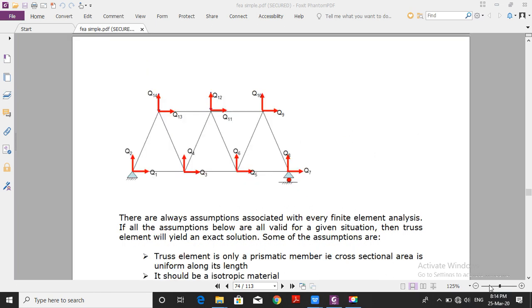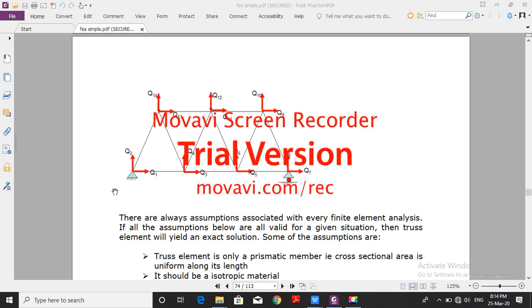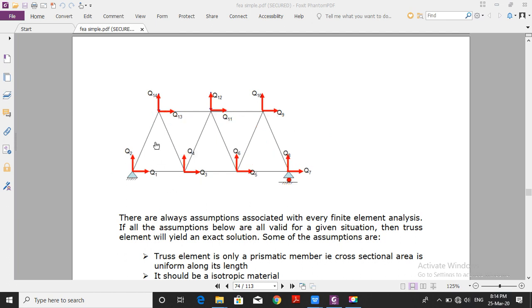See in the diagram given over here, this truss has two values of deflection. As it is a two-dimensional analysis, it has two components of displacement at every node.